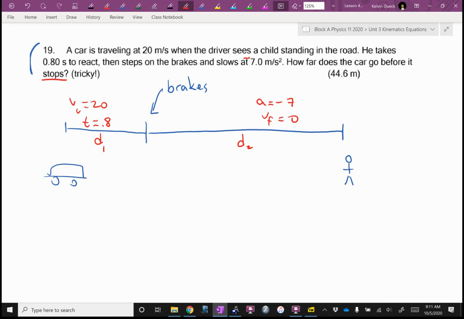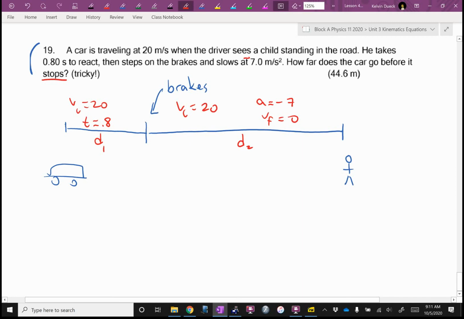What else do I know? You're saying VI is 20 here as well, because this whole time, since I haven't hit the brakes yet, I'm still traveling 20 right there when I start to tap on the brakes? Okay, that gives me three things. I can find a fourth.